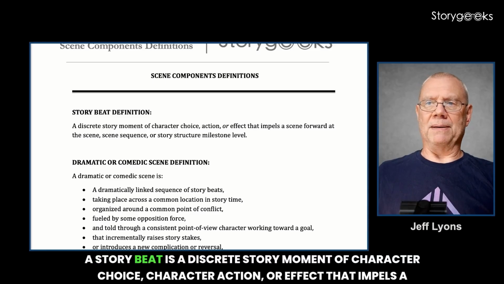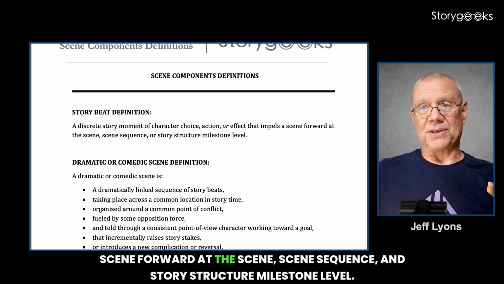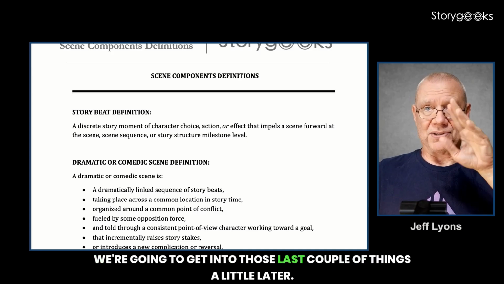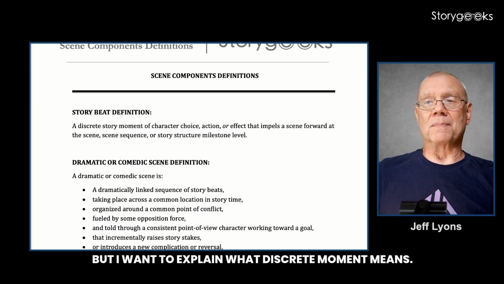A story beat is a discrete story moment of character choice, character action, or effect that impels a scene forward at the scene, sequence, and story structure milestone level. We're going to get into those last couple of things a little later. But I want to explain what discrete moment means.